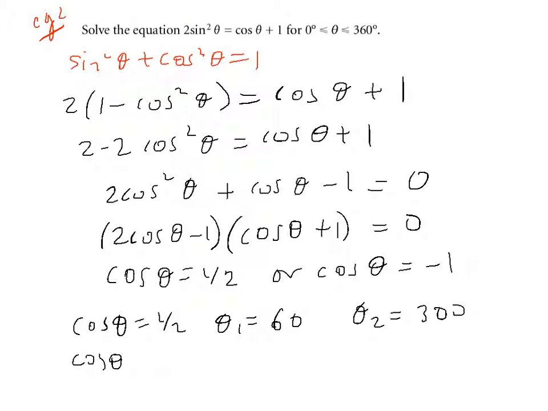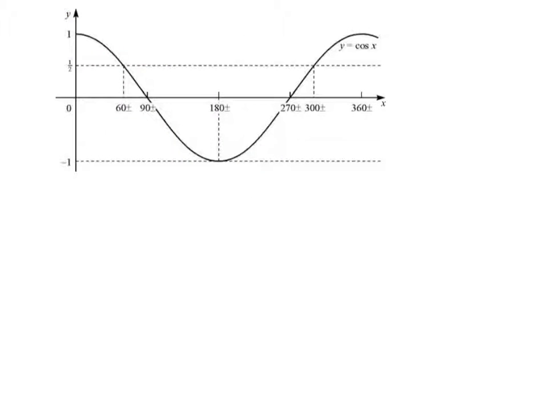And for cos theta equals minus 1, we should get theta equals 180. Adding or subtracting 360 to this will take us outside our range of values, which is from 0 to 360.